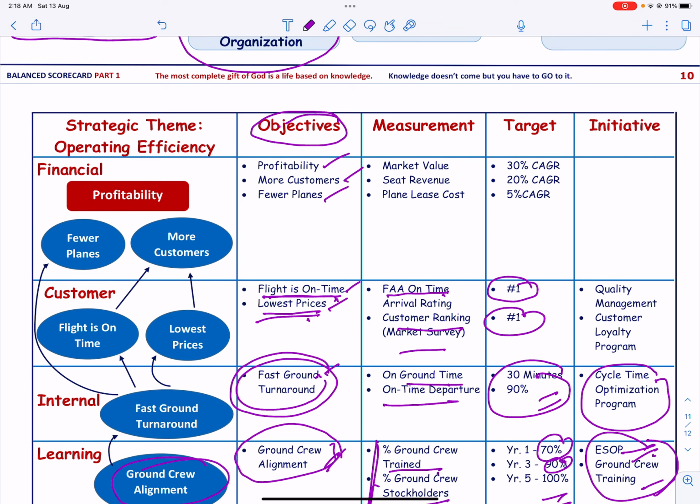The company's initiative will be to have a quality management program and customer loyalty program just to make sure that the customers are happy. Thus, if the employees are trained and customers are happy, the company will be able to achieve its ultimate goal, that is lower price and increased revenue.